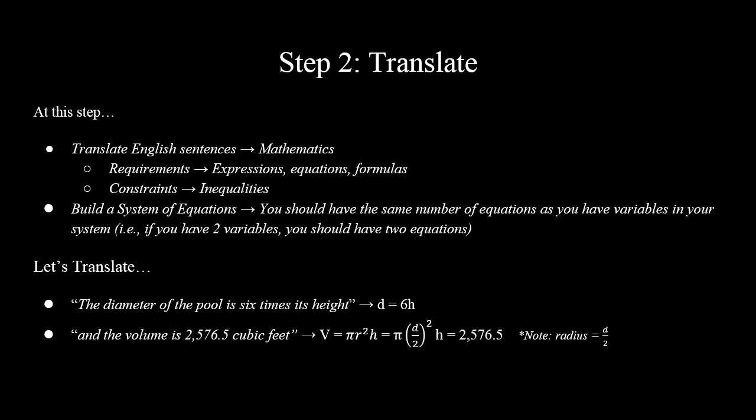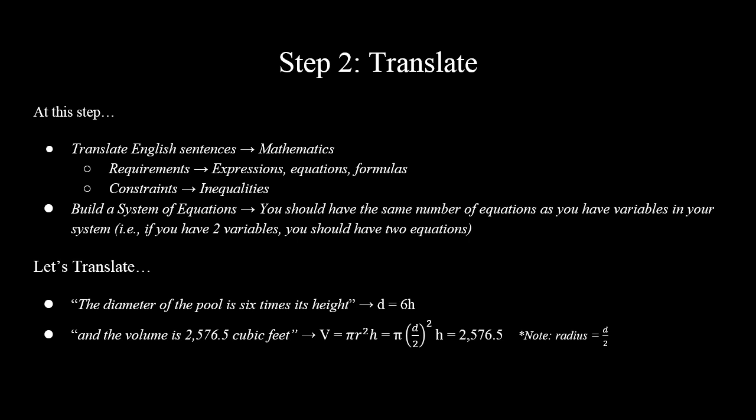So I need to replace radius with diameter divided by 2. So you'll notice that I've rewritten it, instead of pi r squared h, as pi times the quantity diameter divided by 2, squared, times h. I've just replaced the r with the diameter divided by 2, because radius is diameter divided by 2.